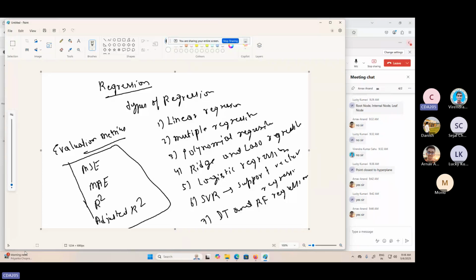Now we are coming to the next part, that is what are the evaluation matrix of the classification problem. Tell me. Can anyone tell?